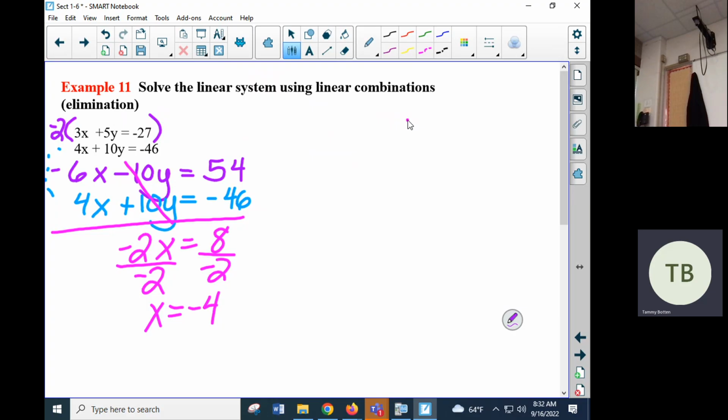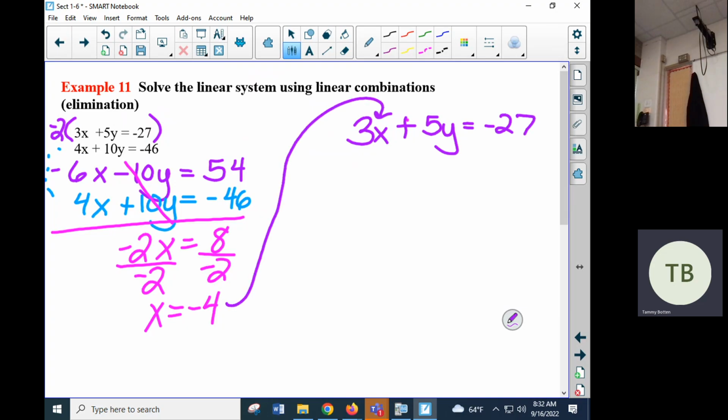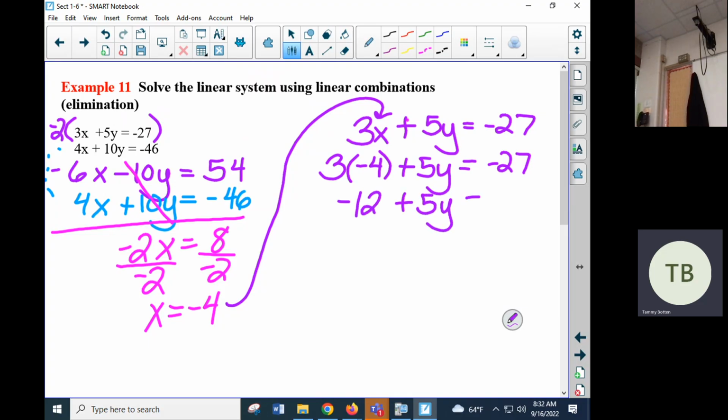And in this case, it probably really doesn't matter. I think I'm going to do the 3x plus 5y equals negative 27. And I'm going to put this negative 4 in here. Okay, so we have 3 times a negative 4 plus 5y equals negative 27. Okay. 3 times negative 4 is negative 12, plus 5y is negative 27.